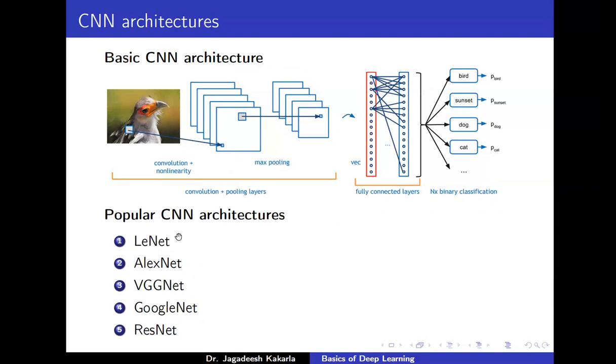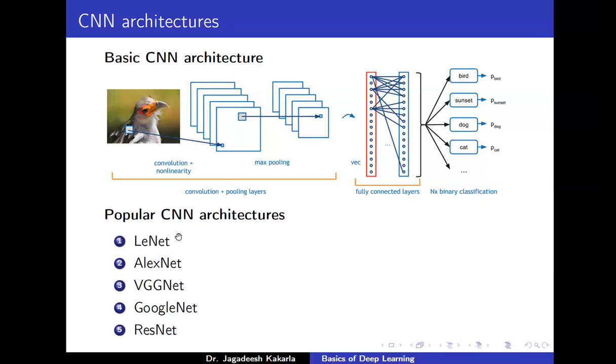And we have the popular variants of the CNN such as AlexNet, VGGNet, GoogleNet, ResNet. In each network, the number of layers will change. In ResNet, you have ResNet 18, ResNet 34, ResNet 50.